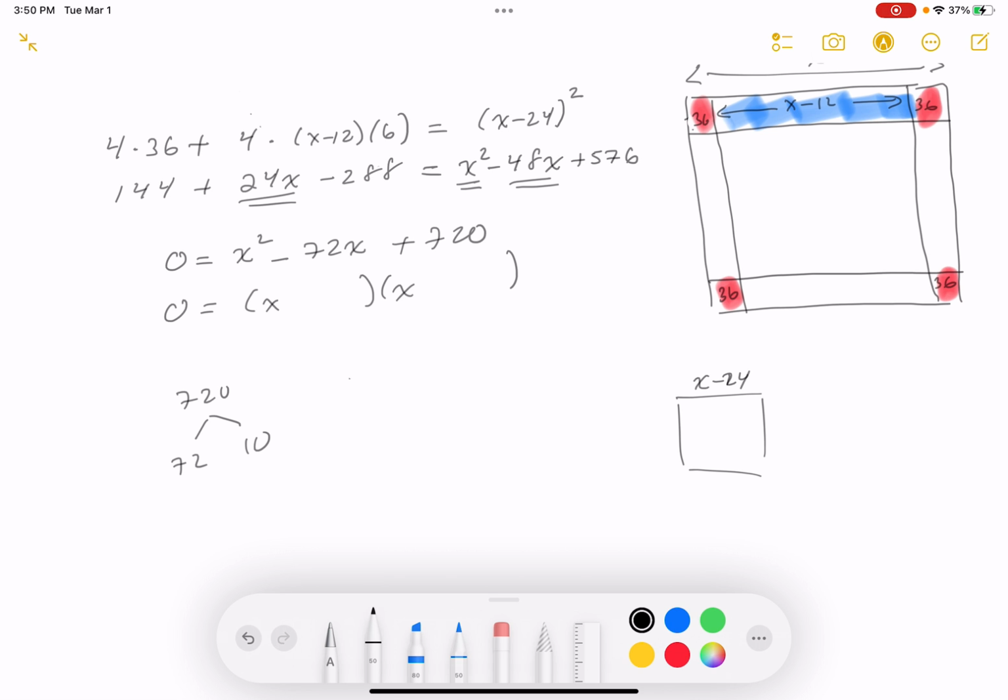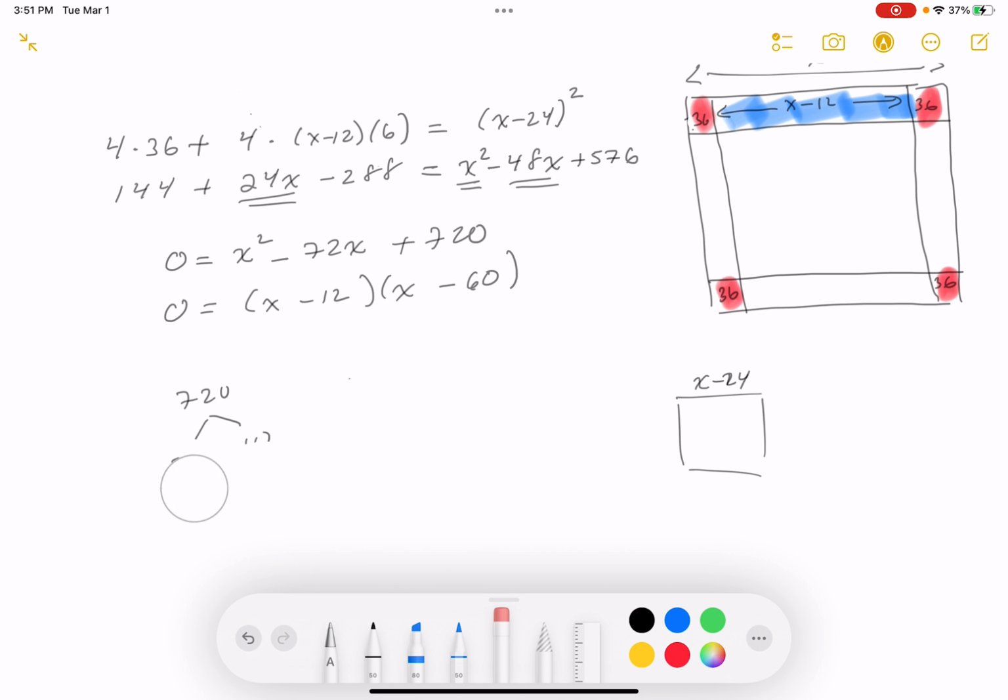I'm going to take a 6 from the 72. This would be 60. Yeah, that's it. 60 and 12. Let's write that down. Minus 12, minus 60. I get minus 72. Yeah, looks like it's perfect.